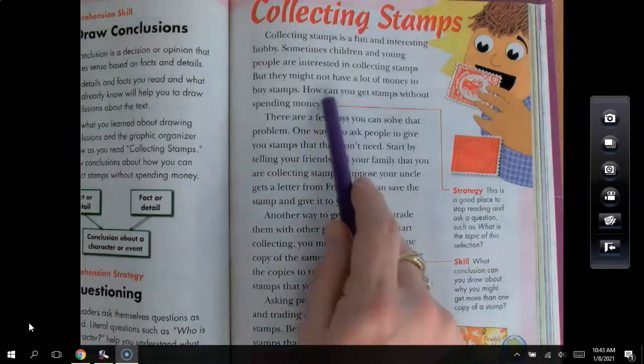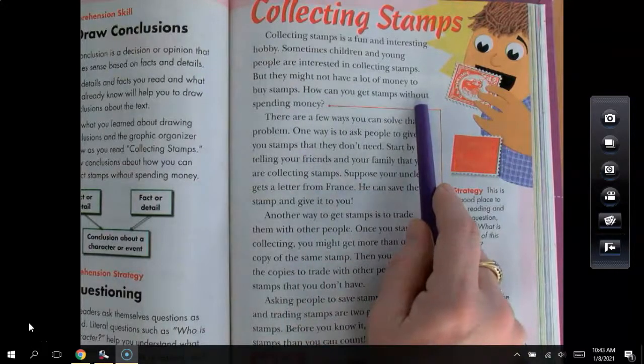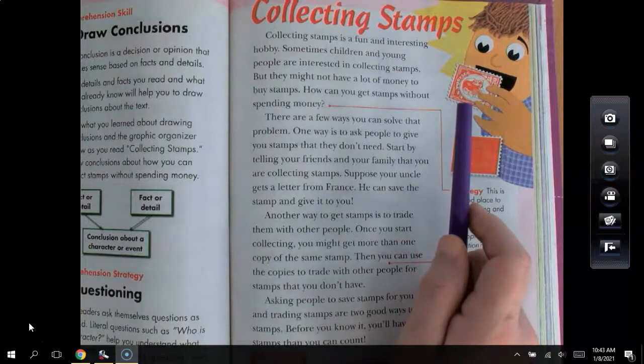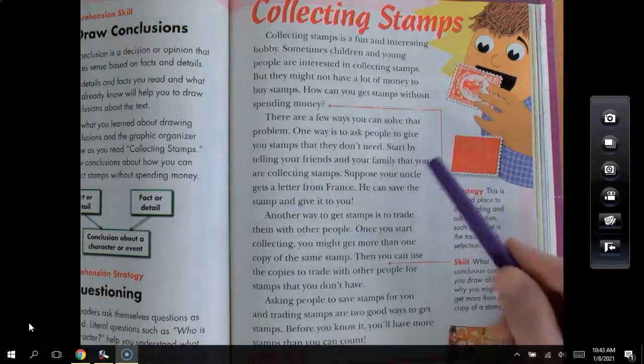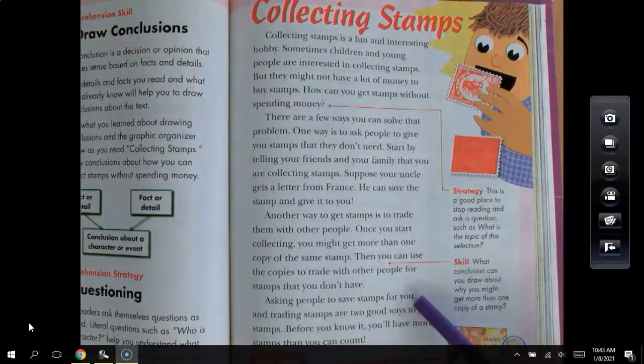When we first talked about this question, I said a light bulb went off in my head, and I already started thinking about the different ways that I could get stamps. Were any of the ways that they described ways that you were already thinking of? Awesome. Did you think of any other ways that we could get stamps?